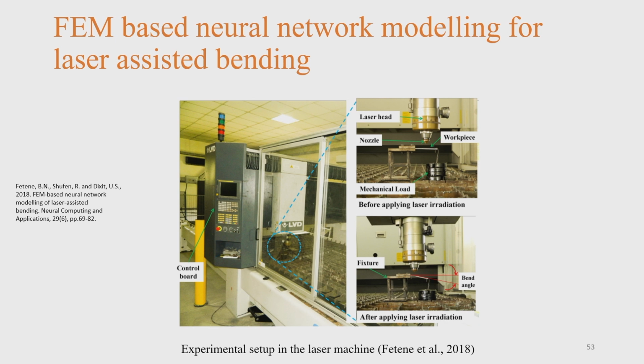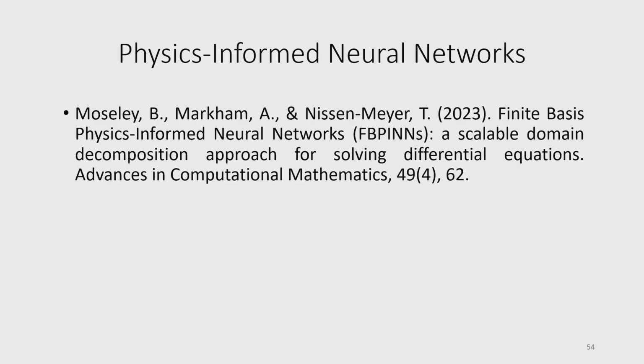Finally, we validated the FEM model. Then a lot of data was simulated from FEM, because FEM takes more time, maybe 2 hours to do one simulation. Then that data was used to train a neural network. The neural network predicted very fast.